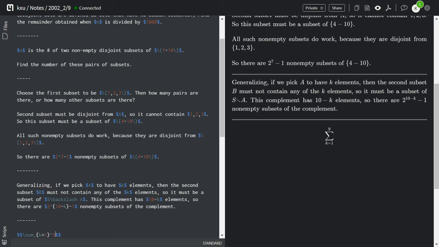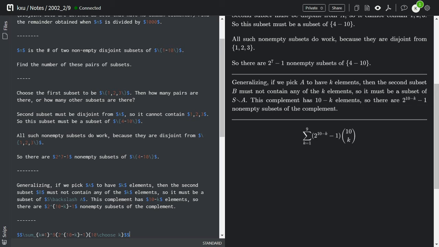Our summand is going to be 2 to the 10 minus k, minus 1. This is the number of ways to choose the second subset if we have a guaranteed k-element subset of S. And the number of k-element subsets of S will be 10 choose k. So this is literally our summation.